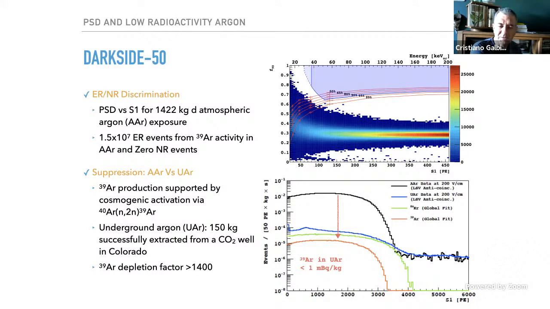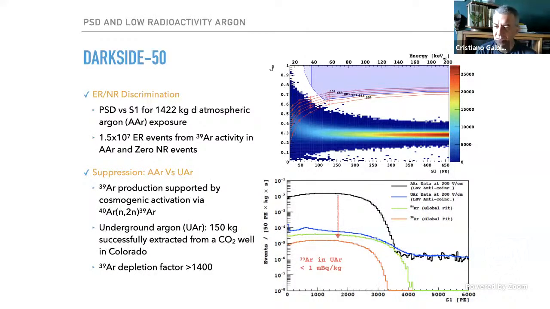The active mass is 50 kilograms, but the full detector is filled with 150 kilograms of argon. The most notable feature of this detector was that it did not operate with argon from the atmosphere, but we filled it right away with argon taken from a very deep underground reservoir from which we extract argon.